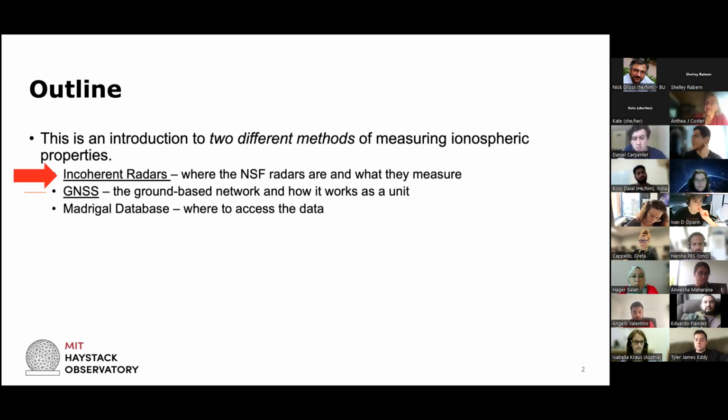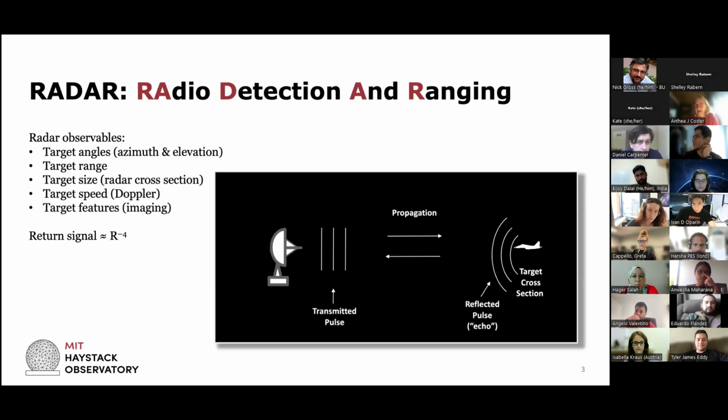And finally, I'm going to briefly introduce you to the Madrigal database, operated by NSF as part of NSF CEDAR, where you can access all the TEC data from GPS and also the simulation data and all of the incoherent scatter radar data. So that's how we're going to do the talk.